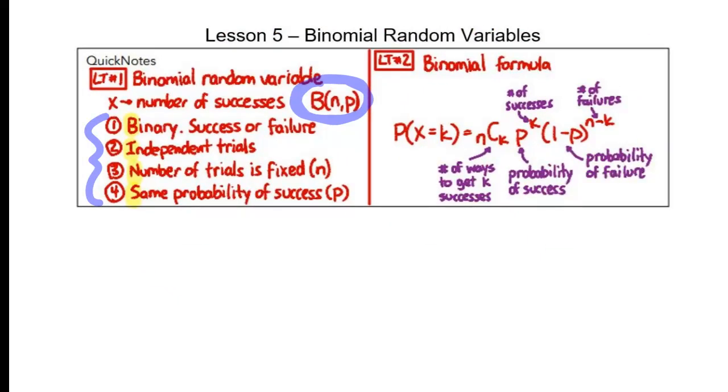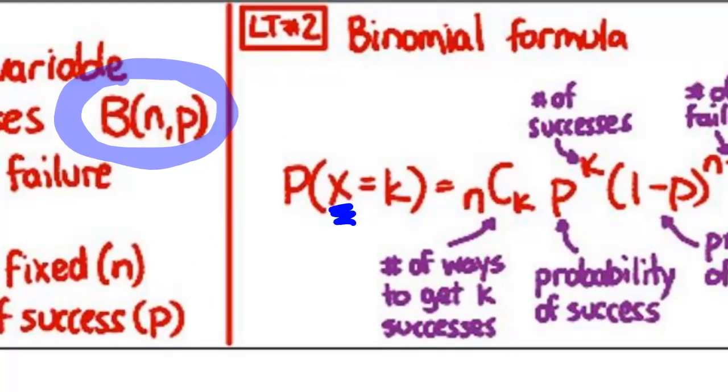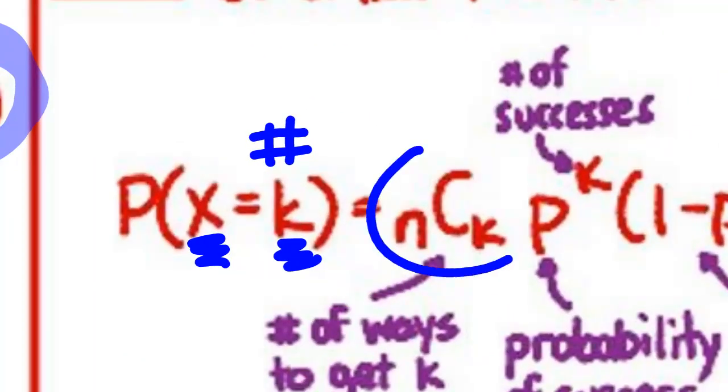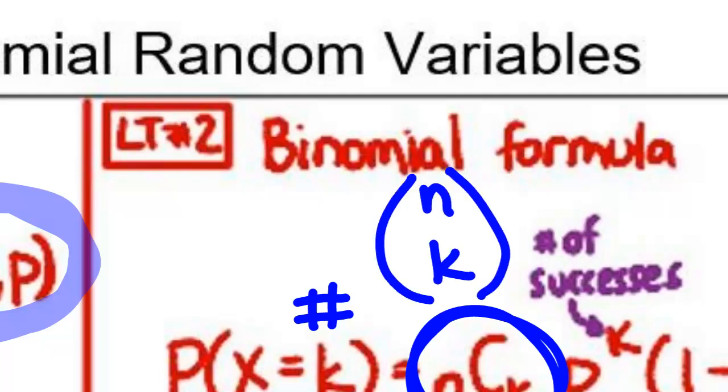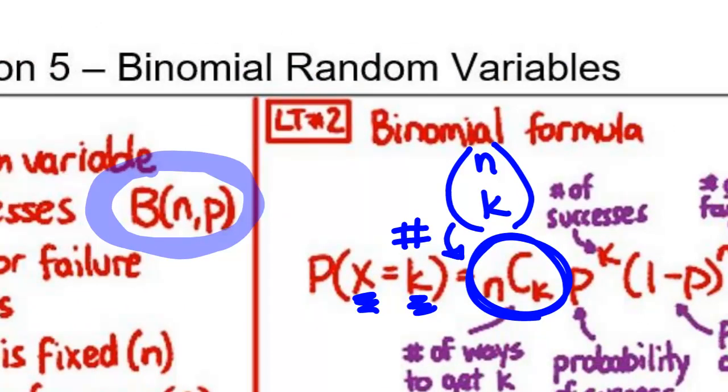To find the probability that our binomial random variable is equal to some number, we will always have a number here. We use this right here on the graphing calculator, but typically in a problem you will see it written like this. Means the exact same thing. The number on top is our number of trials, that is n. And then the number on bottom, which in this case is k. When we look at the graphing calculators, they use n, or they use r.